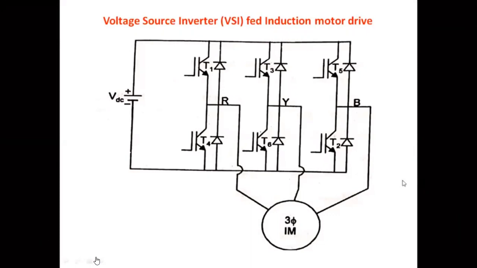How the V by F control is achieved, we have seen in equations and characteristics in previous classes. Now the current class describes a physical model, that is, by using a static converter, how we can achieve real-time V by F control.